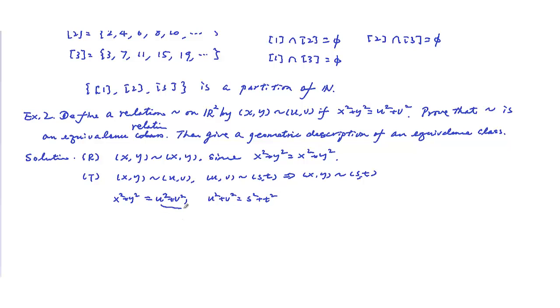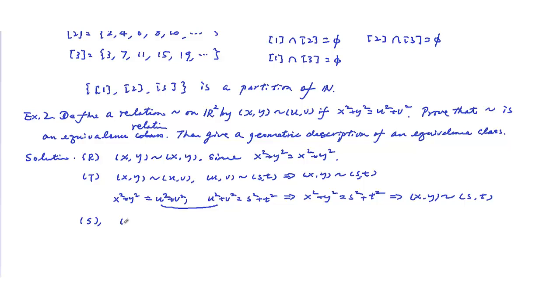And then by equality, we can connect these. Therefore, x squared plus y squared equals s squared plus t squared. That means (x,y) is related to (s,t) by the definition of this relation, because if the squares are equal, then they are related. So this relation is transitive.